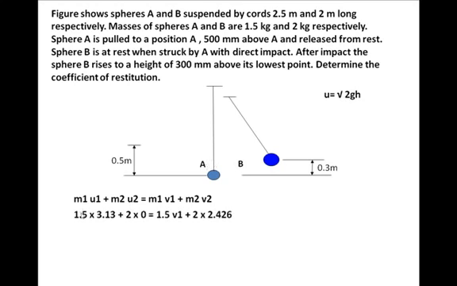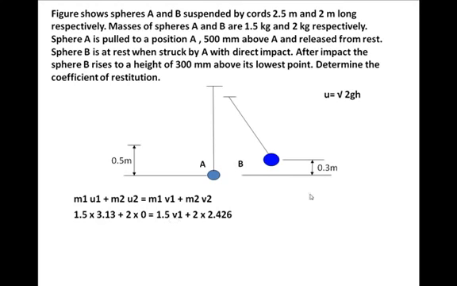So m1 is 1.5, the mass of sphere A, times 3.13, its velocity just before impact with sphere B, plus m2, the mass of sphere B, times 0, that is u2, is equal to 1.5 v1 plus 2 times v2.